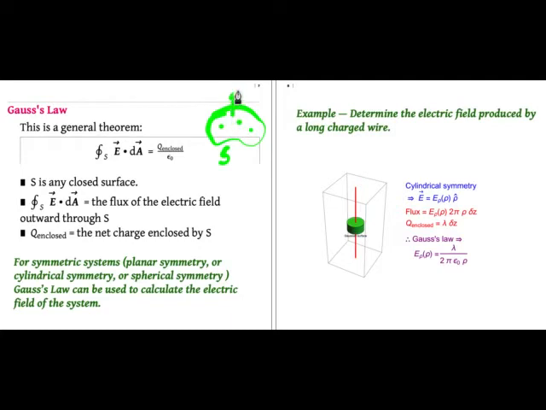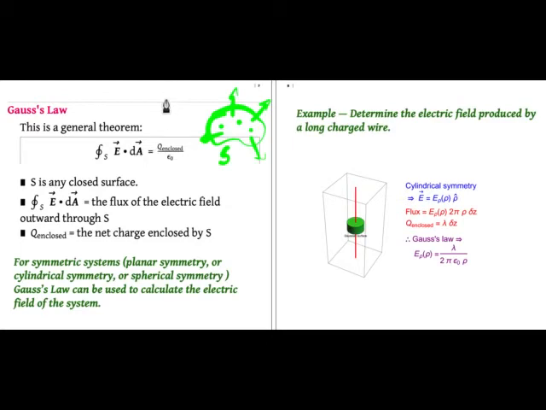If the enclosed charge is positive, there'll be an electric field flowing out through the surface. And this surface integral is the total amount of flux going out of the surface.